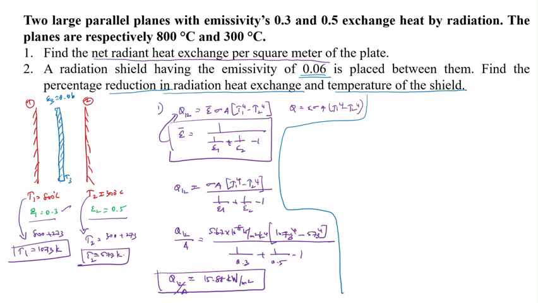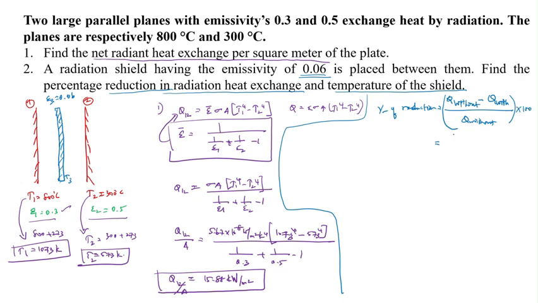Percentage reduction is equal to Q without shield minus Q with shield, divided by Q without shield. This is the formula to find the percentage reduction in radiation by inserting the shield.